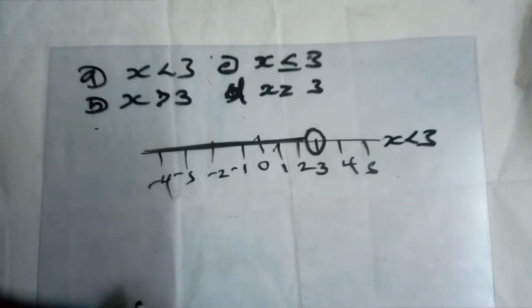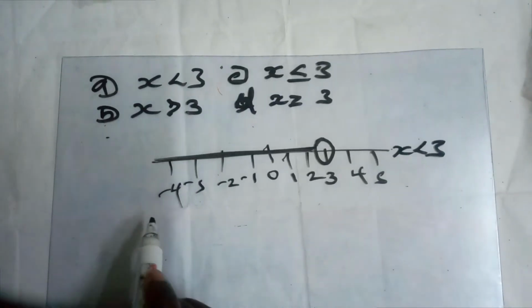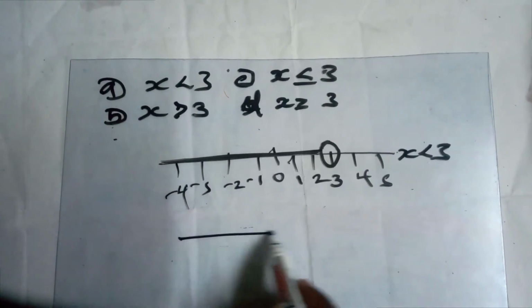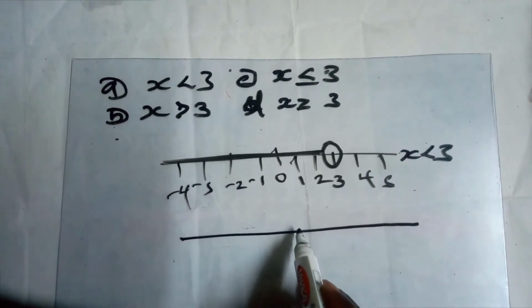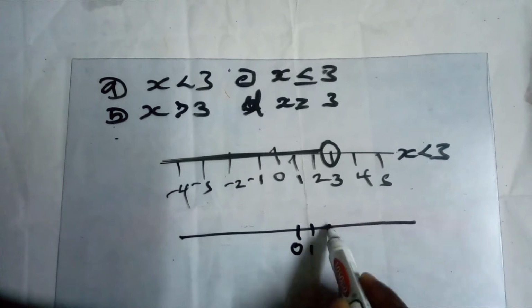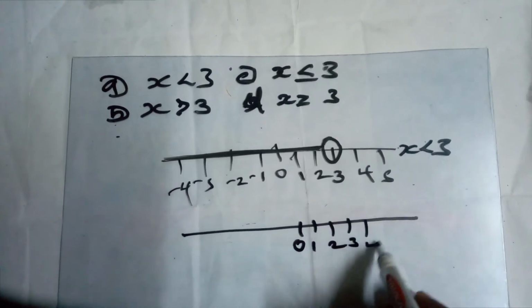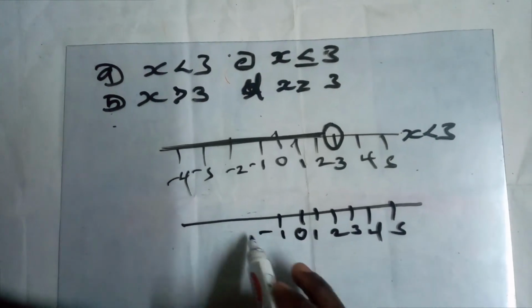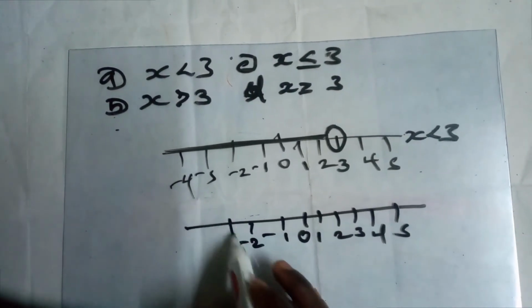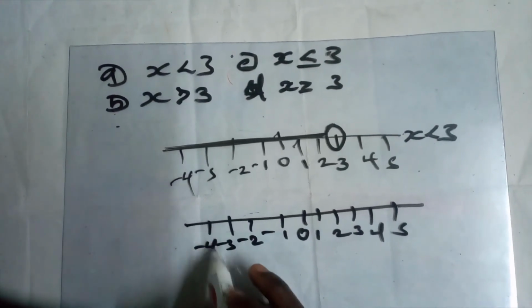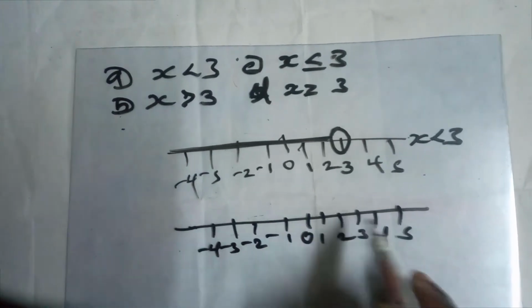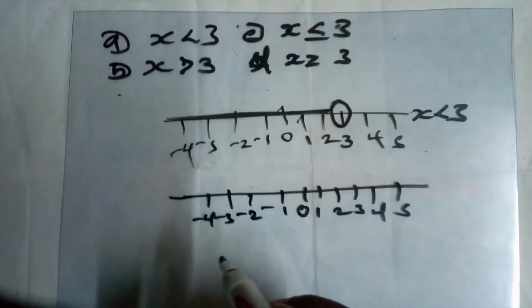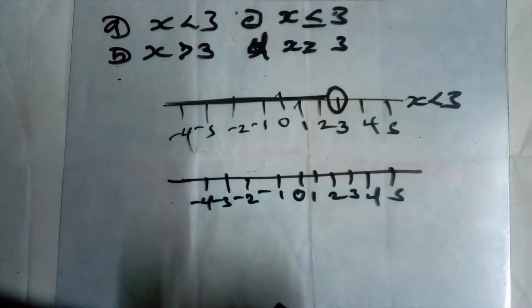Moving to our number b. When you have this number line 0, 1, 2, 3, 4, 5, -1, -2, -3, -4, up to infinity, and you're told to express b into the number line, the same applies.